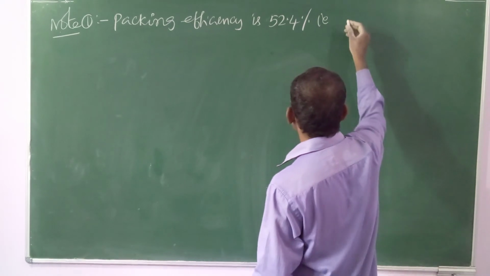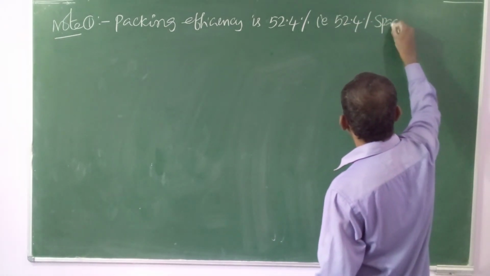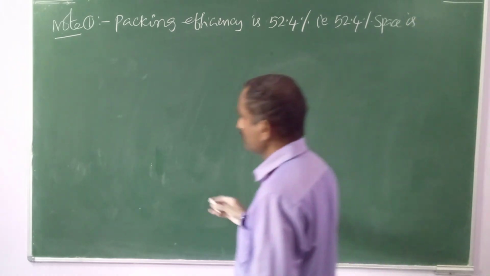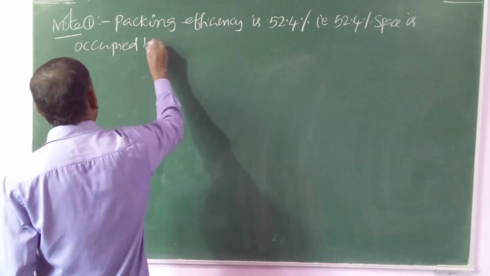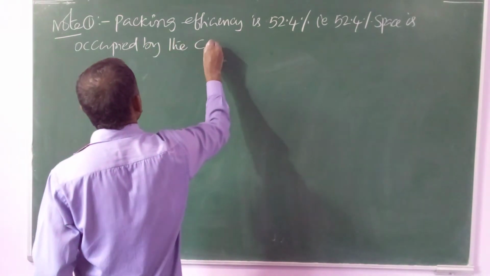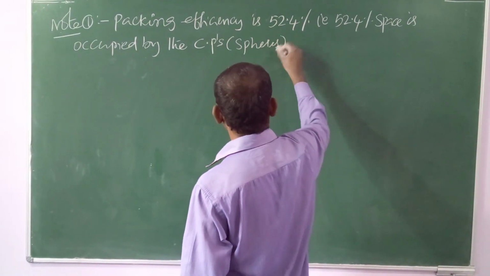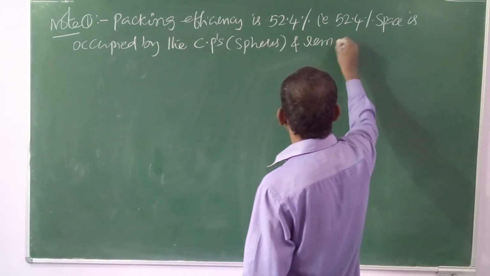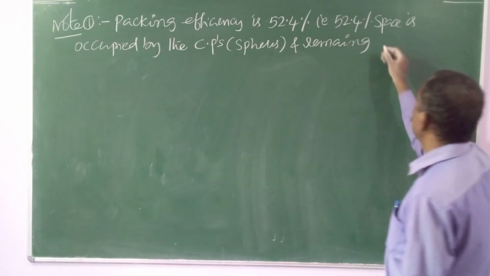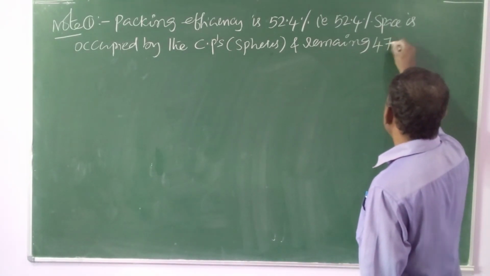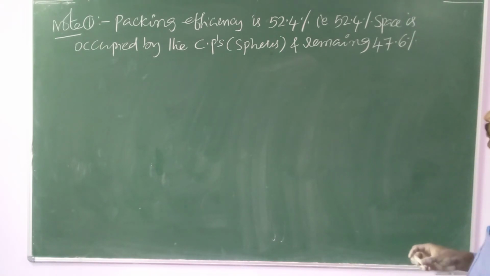That means 52.4 percentage of space is occupied by the constituent particles, nothing but spheres, and the remaining, 100 minus 52.4, that means 47.6.